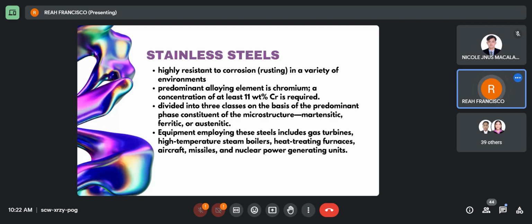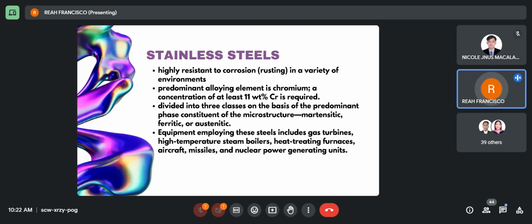And lastly po is ferritic stainless steels, which are composed of the alpha ferrite phase. And kung i-compare po natin ang ferritic sa martensitic and austenitic, ferritic stainless steels are hardened and strengthened by cold work because they are not heat treatable, which is compared sa martensitic.